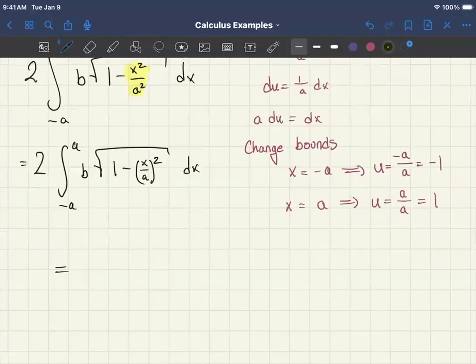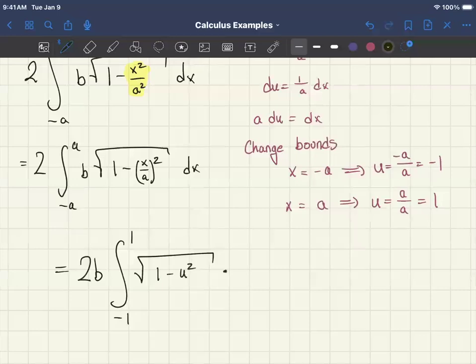Let's see. This is going to give us 2. That just kind of comes along for the ride. I'm going to throw that b on the outside of our integral because we're not really moving it around much. It's not doing anything. We're going to change our bounds from negative 1 to 1. And then we are going to have a square root 1 minus u squared times a du.